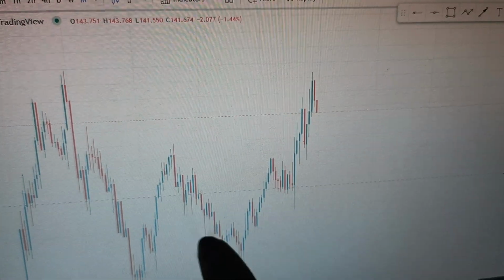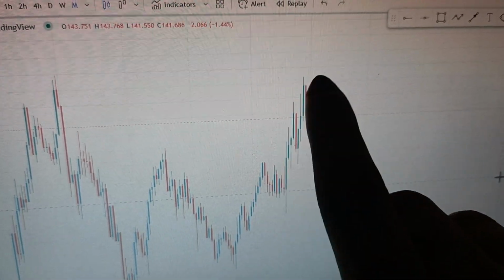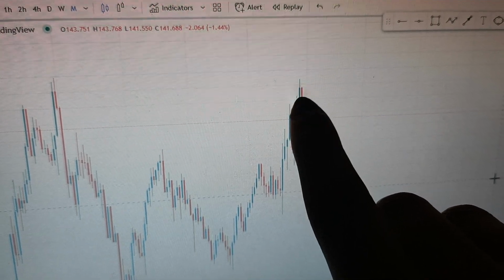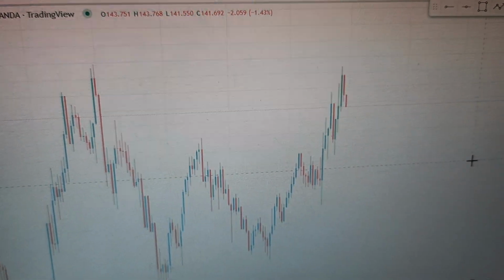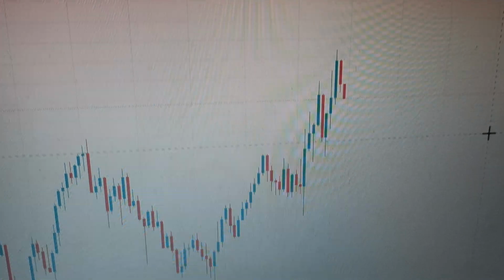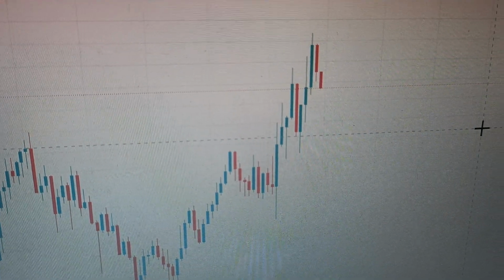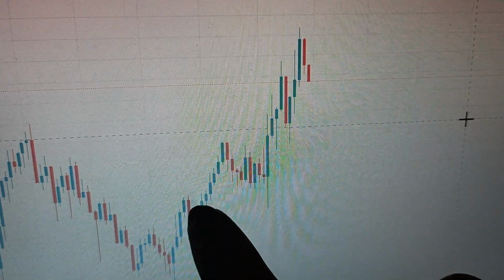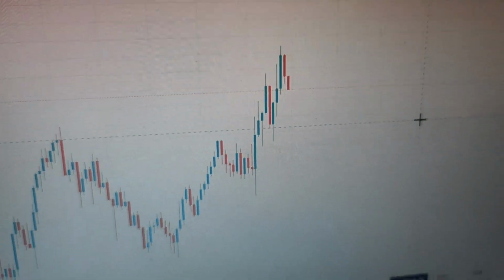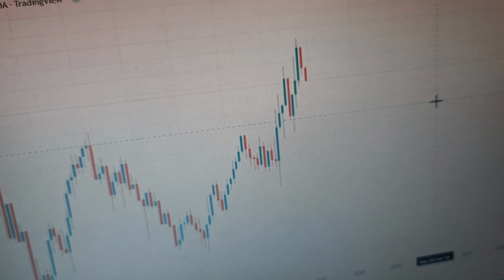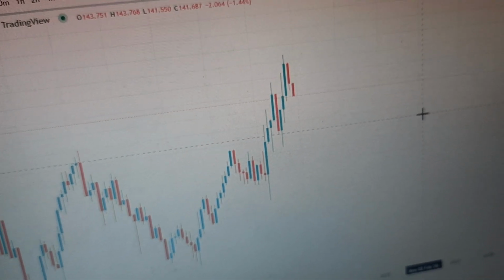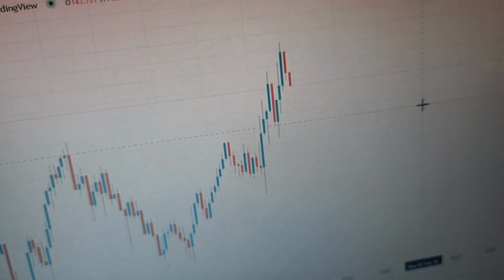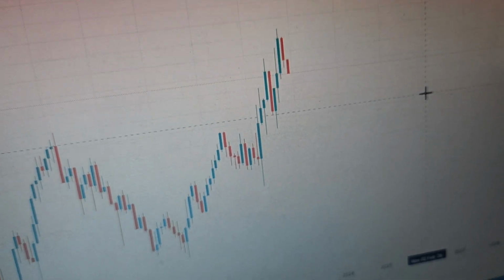Because this market was selling, it was buying, and then last month we closed with a sell. The other thing you need to check after the price action is the market structure. We can see that this market structure is an uptrend. So Euro JPY is an upward market.